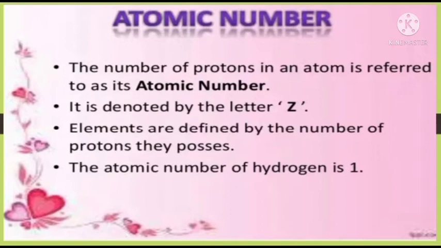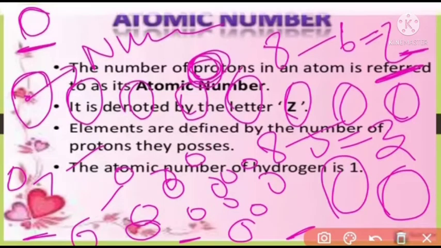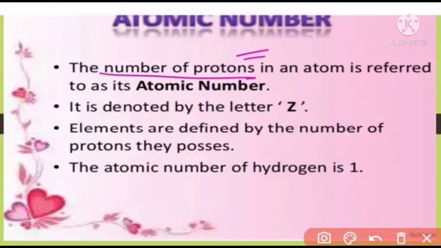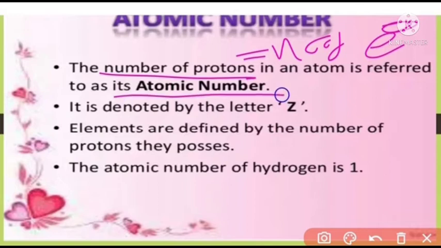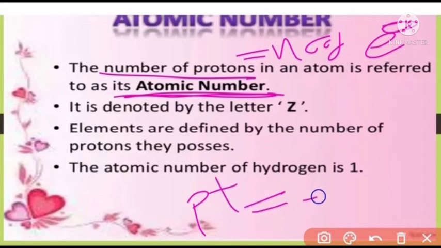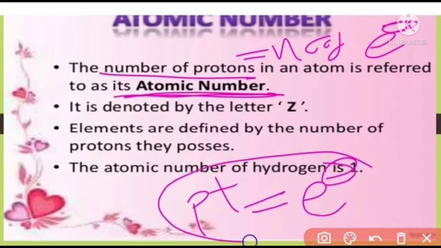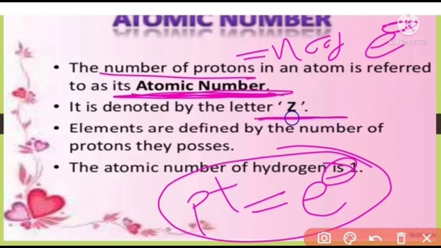The atomic number represents the number of protons, which is equal to the number of electrons. An atom contains a number of protons equal to the number of electrons, and that number is referred to as the atomic number. It is denoted by the symbol Z.